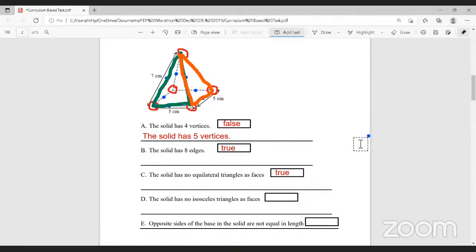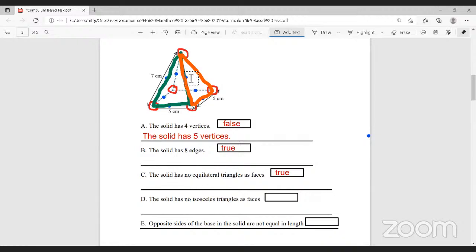Let me see what you guys have written. Do you agree with that? Now, I see where the statement says there are no equilateral triangles as faces. Because it says no, some of us may be confused a little and thinking that our answer is false. But remember that the word no is in the statement.